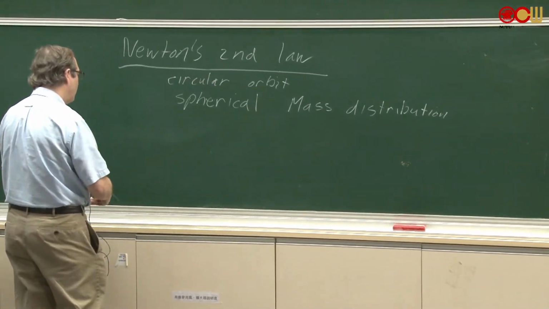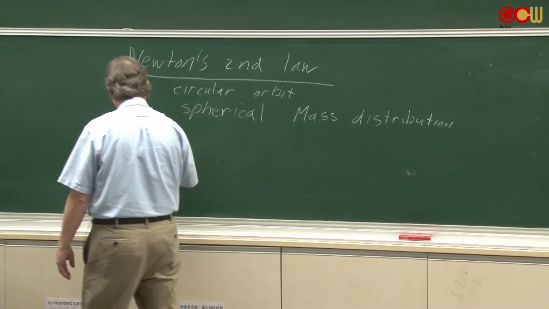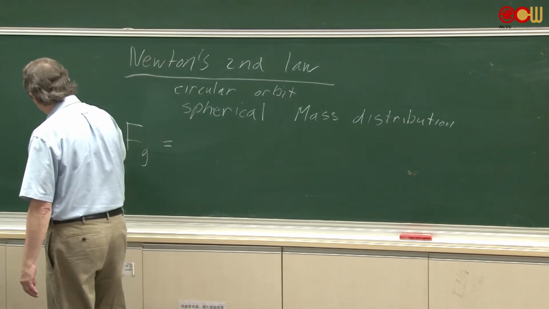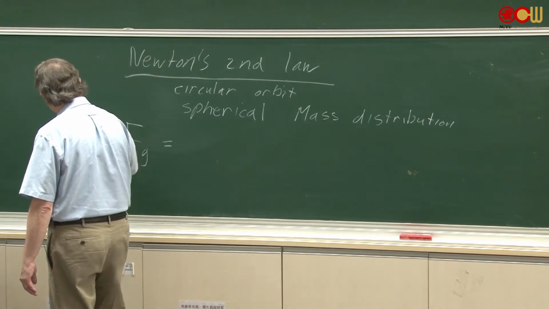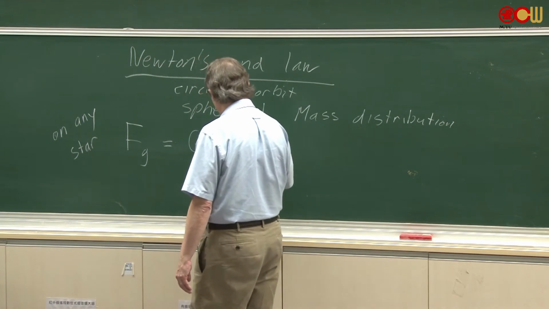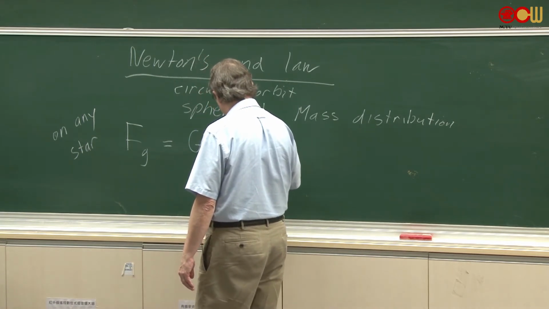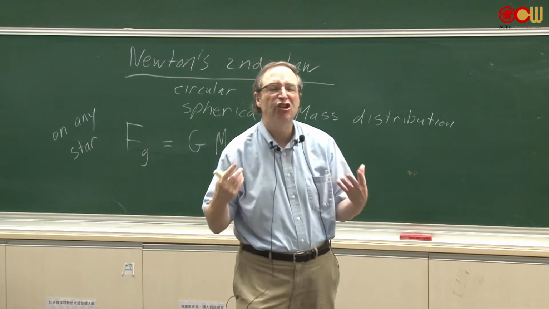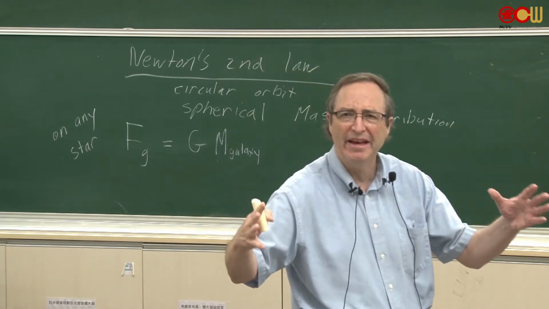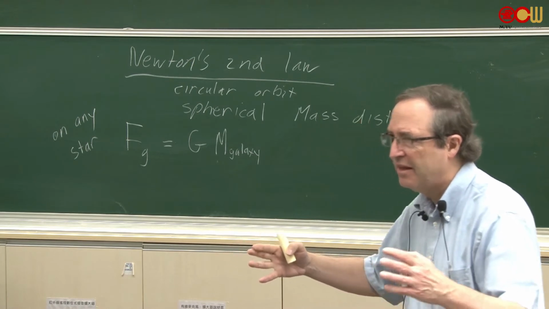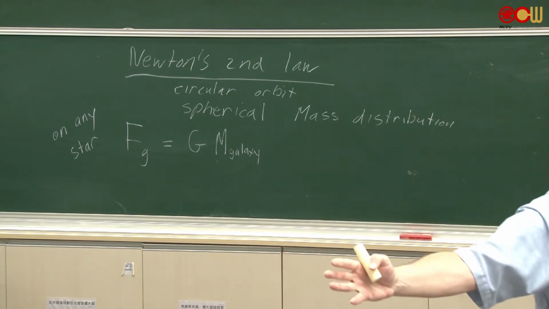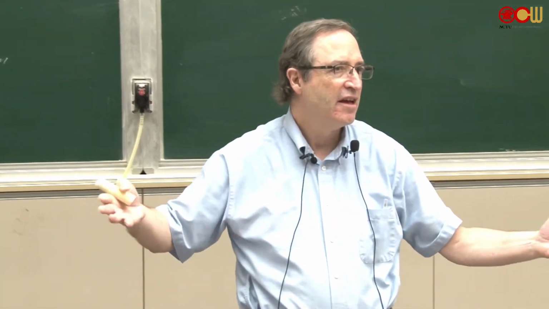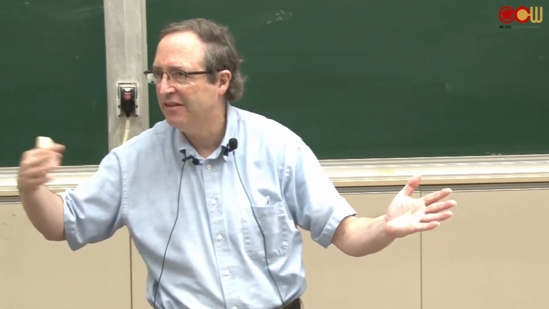All right, so Newton's second law. We have the gravitational force on a star. So on any star, it'll be G times the mass in the galaxy, and it's the mass enclosed within the orbit of that star. Any mass outside the orbit of that star, if it's a spherical distribution, the forces due to them will cancel out.